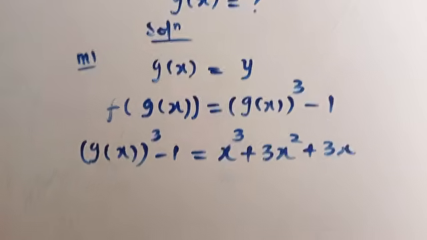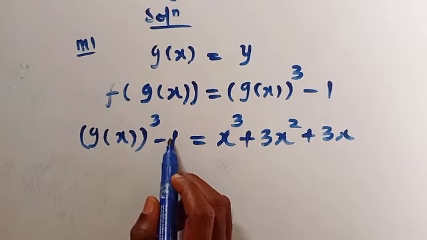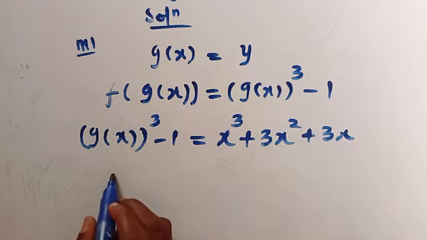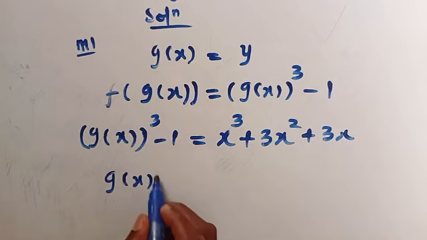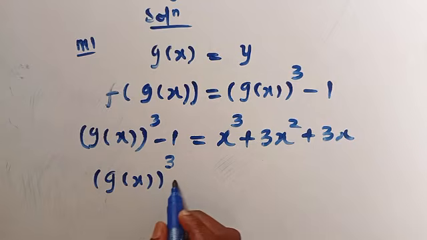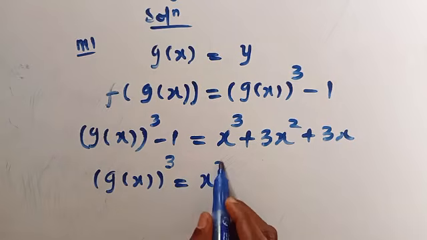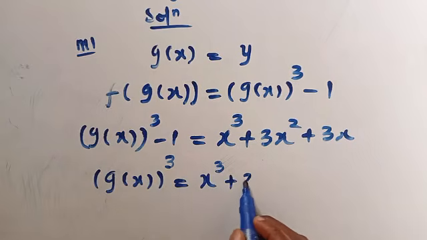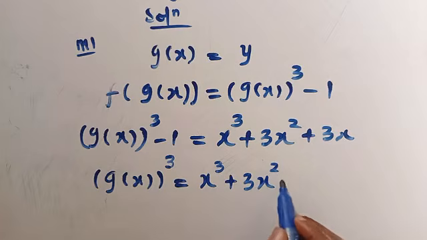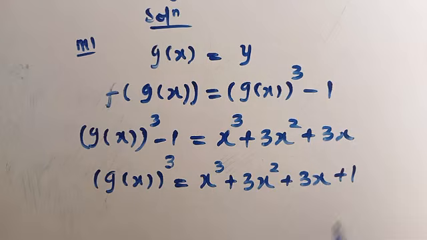Then let's add 1 to both sides, or let's transfer this 1 to the other side. This side we have g of x raised to power of 3 equals x power of 3 plus 3x power of 2 plus 3x, then plus 1.